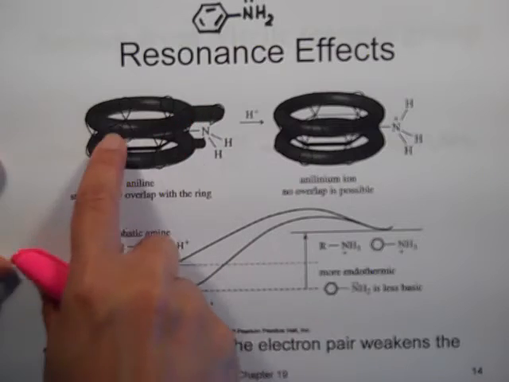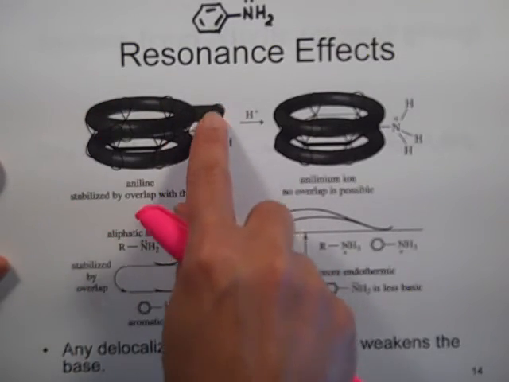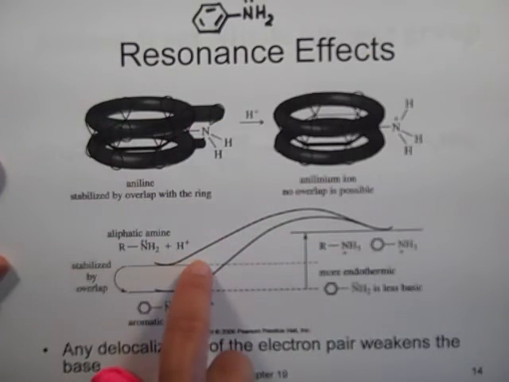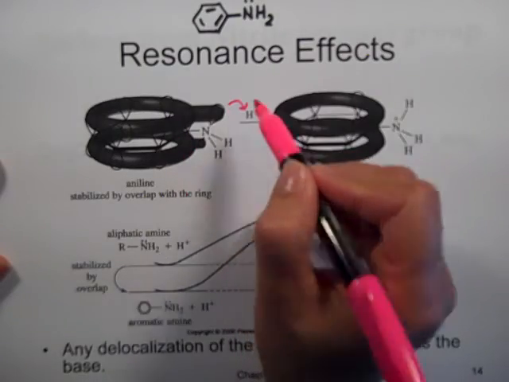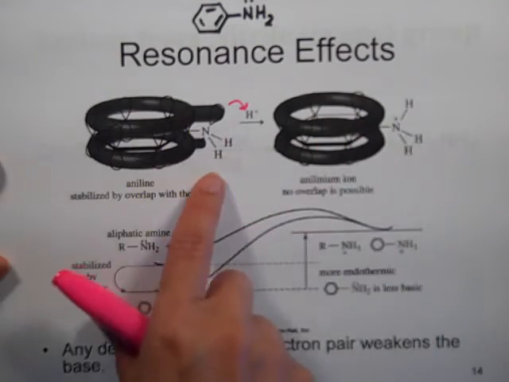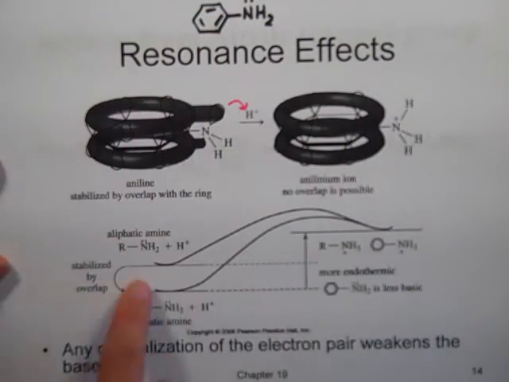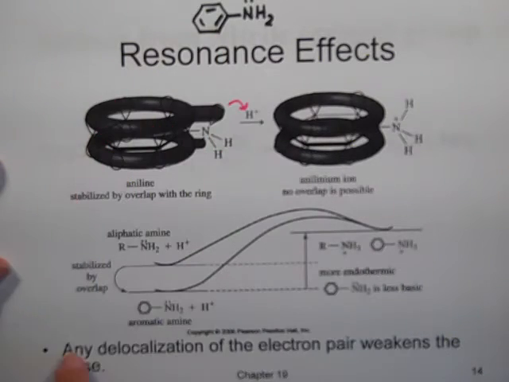And this is what it's showing right here, a much bigger area of delocalization that includes the lone pair on the nitrogen. If we use that lone pair to pick up a proton, then we're reducing the delocalization of electrons. So basically the aniline with the lone pair, the nitrogen with the lone pair, is more stable, and that's why when you have aromatic amines, they don't seem to be as basic as any open chain amine or any other alkylamine.